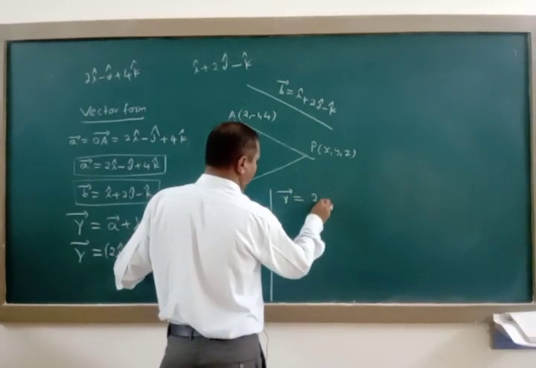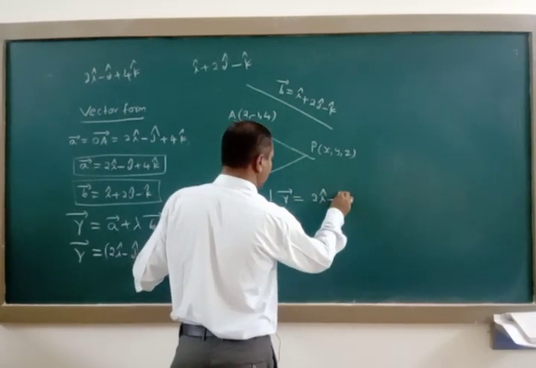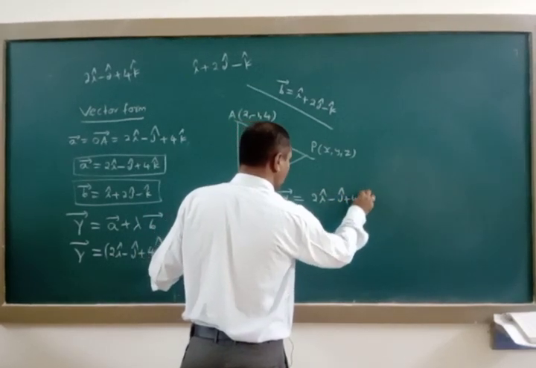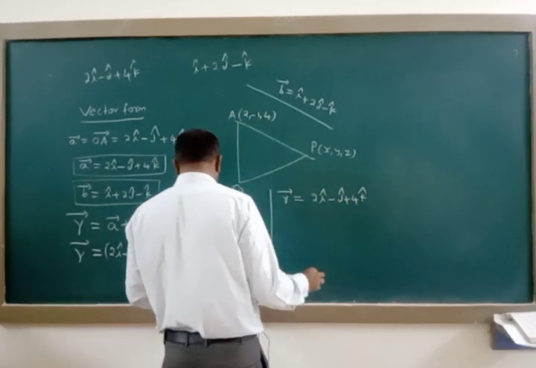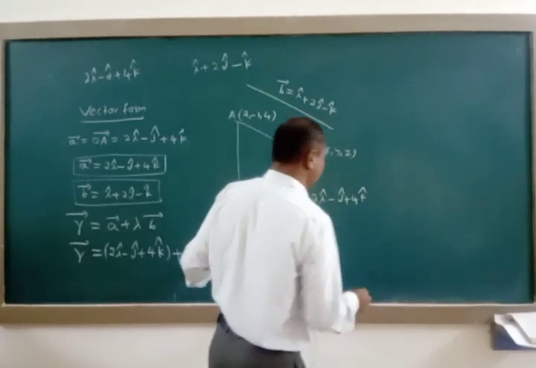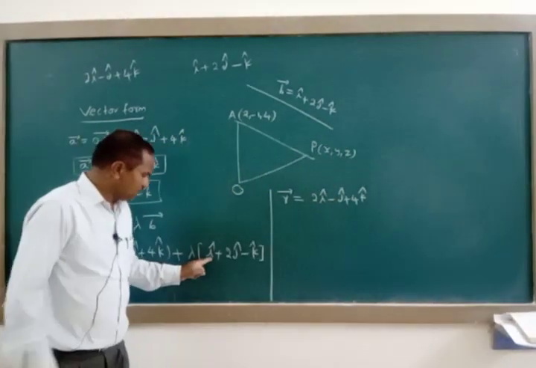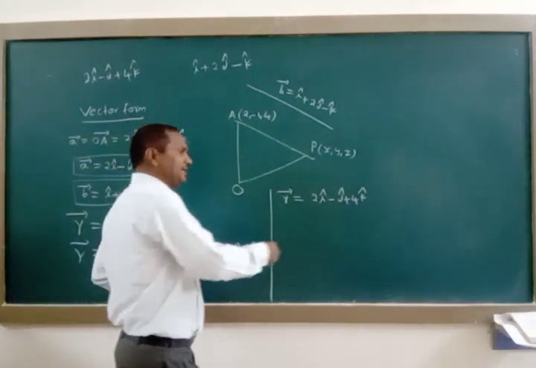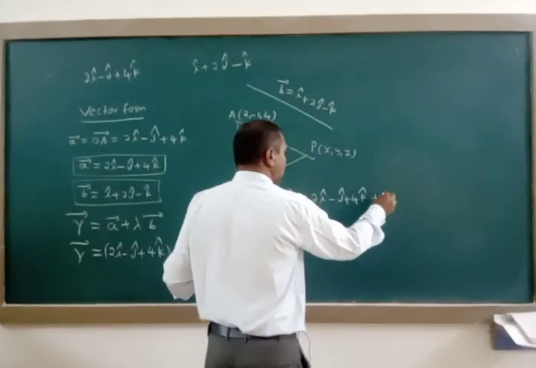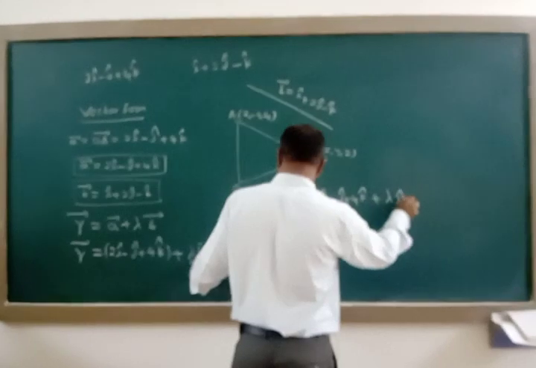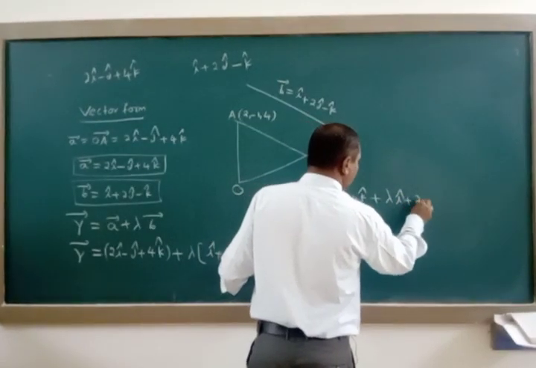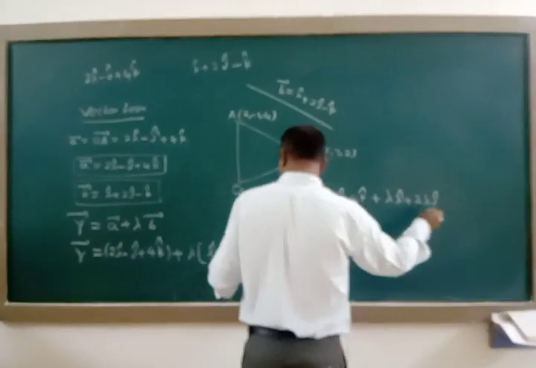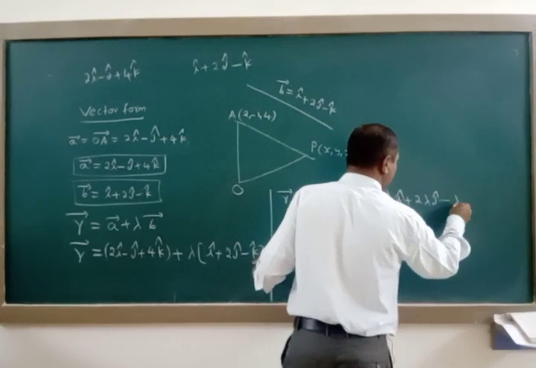Multiply all these three terms by lambda, and you will get lambda i cap plus 2 lambda j cap minus lambda k cap.